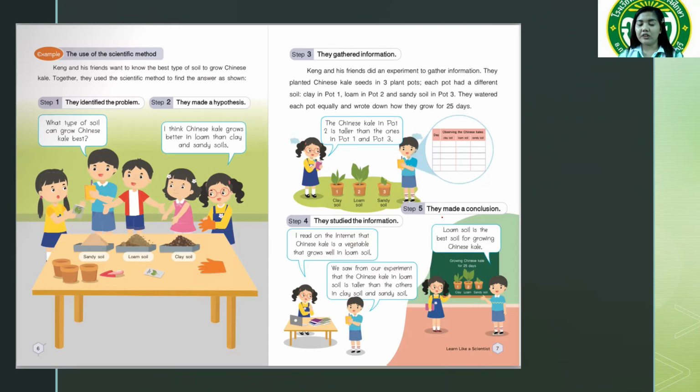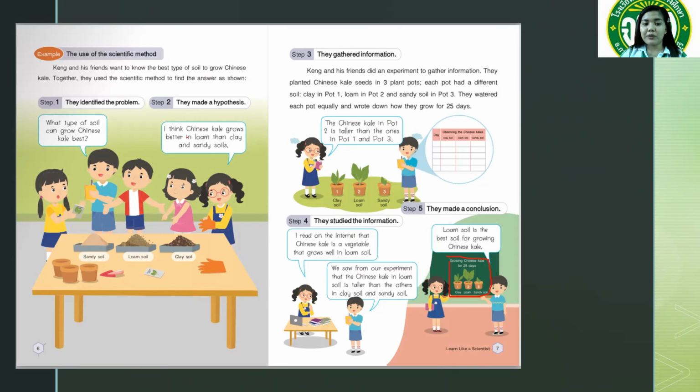Now the last part is step 5. They made a conclusion. According to the information that they have gathered and studied, they have made a conclusion that loam soil is the best soil for growing Chinese kale. And so they draw the results here. Now let us compare the hypothesis and the conclusion.